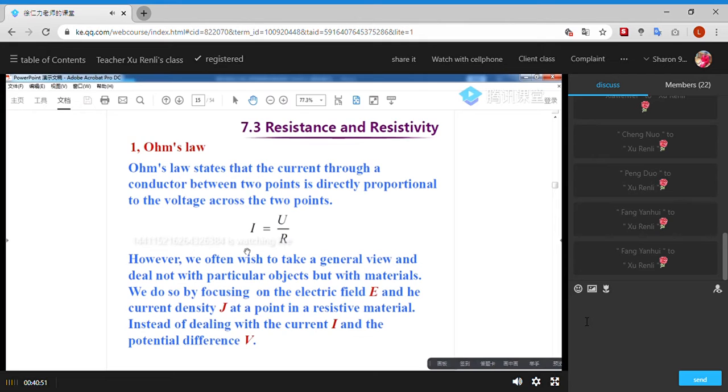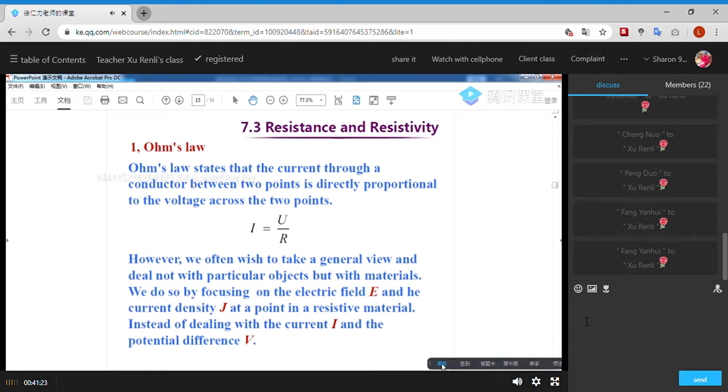Okay, the important knowledge in this chapter is about the Ohm's law and the Kirchhoff's law. The Ohm's law is our model for the Kirchhoff's law. So the Ohm's law is just a model.